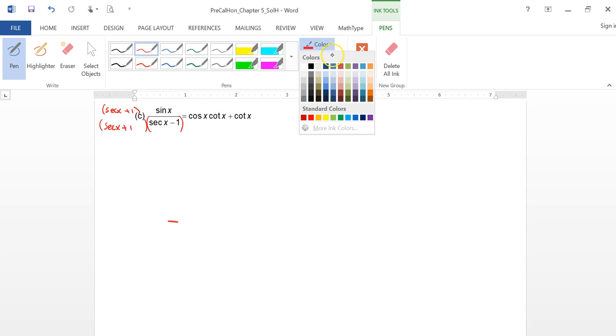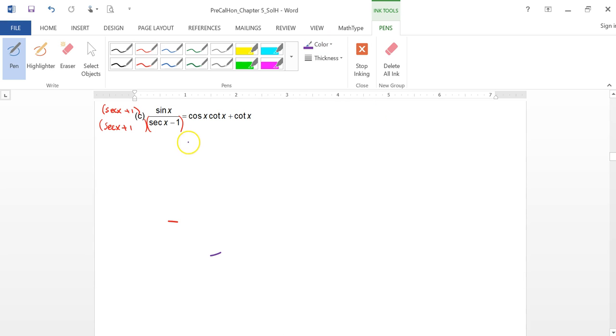So now what I have is, on the bottom, secant x plus 1 times secant x minus 1 is secant squared x minus 1. On the top, I'm going to distribute.